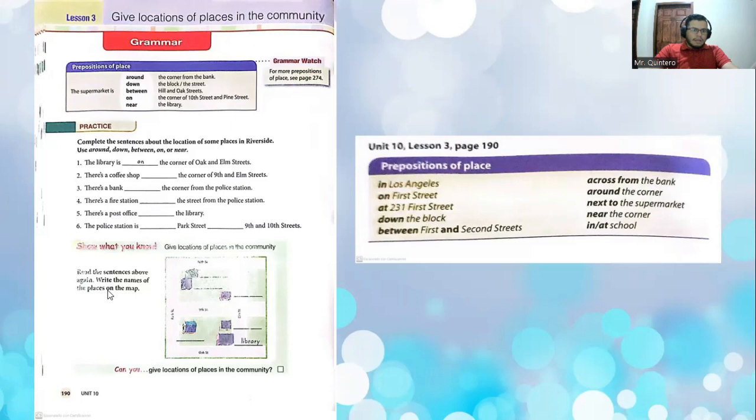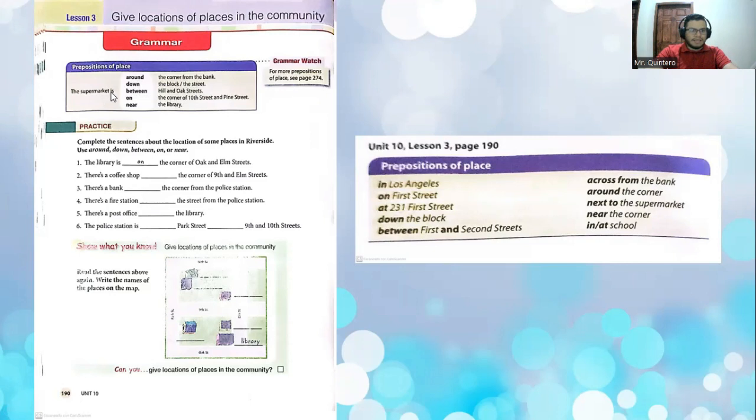So, the supermarket is around the corner from the bank. The supermarket is down the block, the street, between Hill and Oak Streets. The supermarket is on the corner of 10th Street and Pine Street.